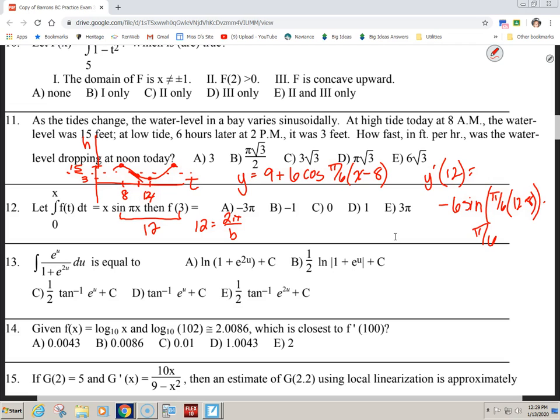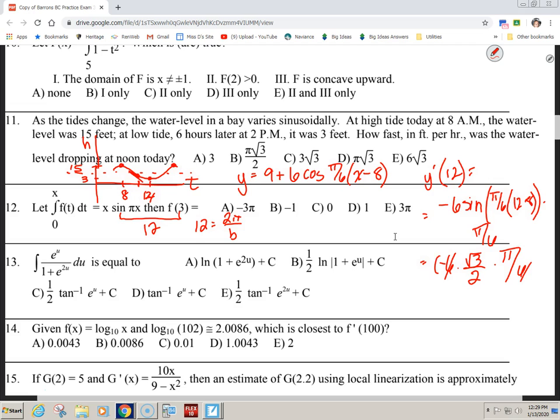Is that right? And so 12 minus 8 is 4 over, that's 2 pi over 3. Sine of 2 pi over 3 would be square root of 3 over 2 times negative 6 times pi over 6. Those would reduce, and I would end up with negative root 3 over 2 pi.